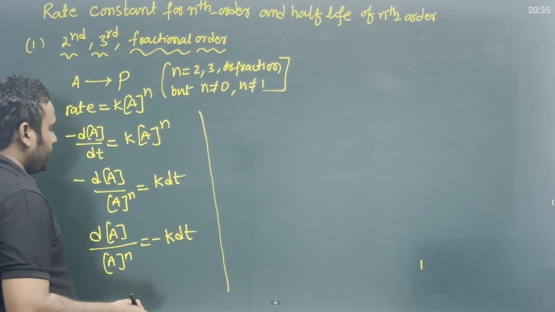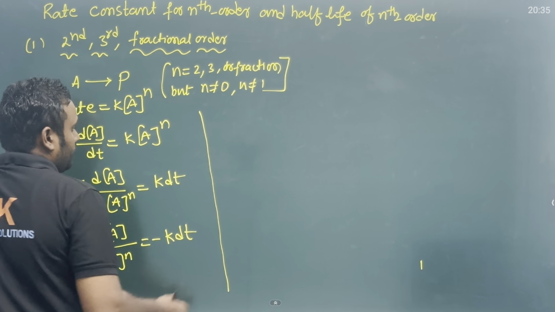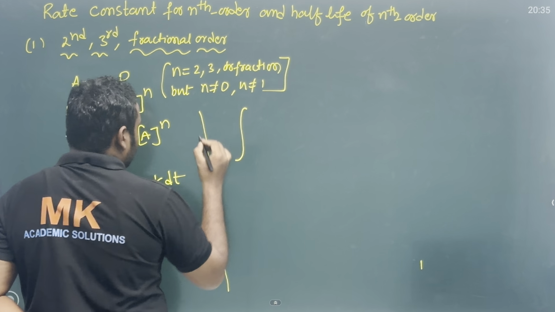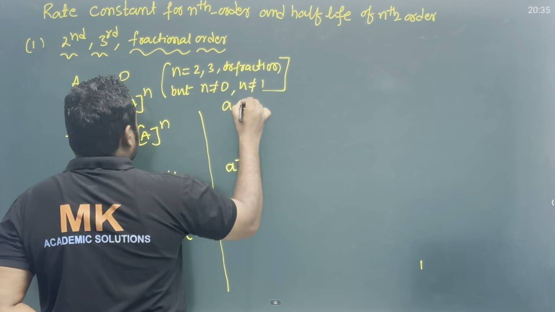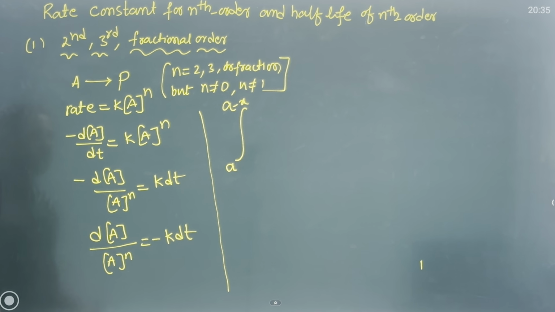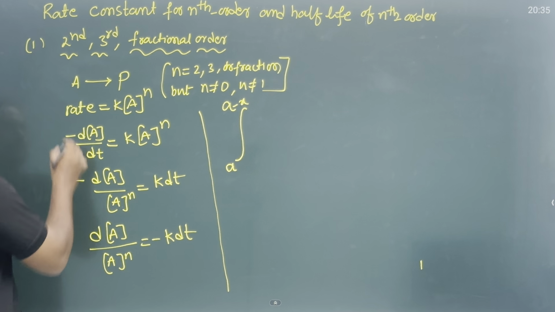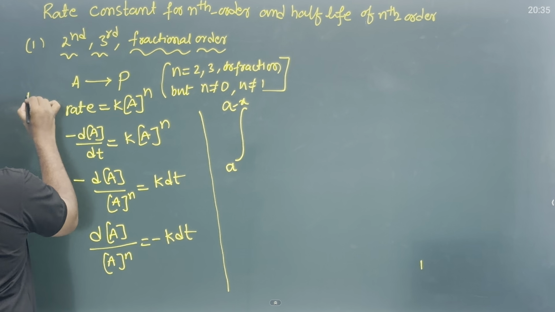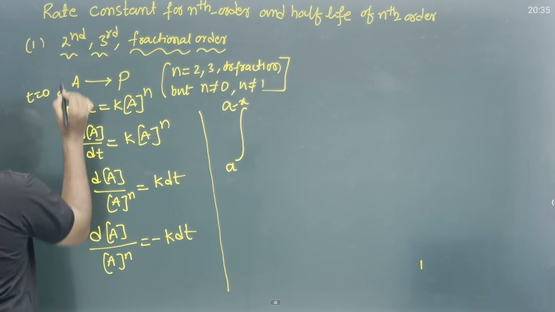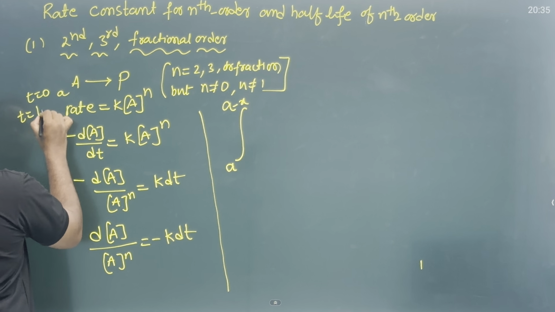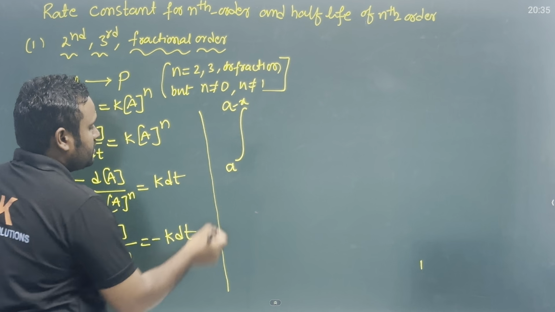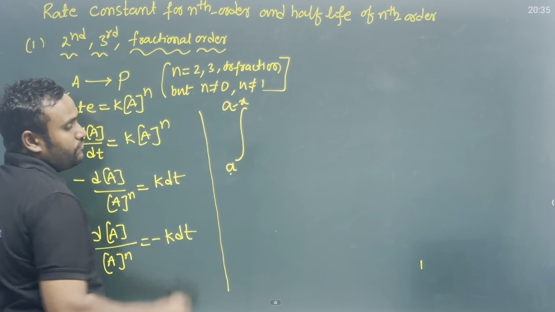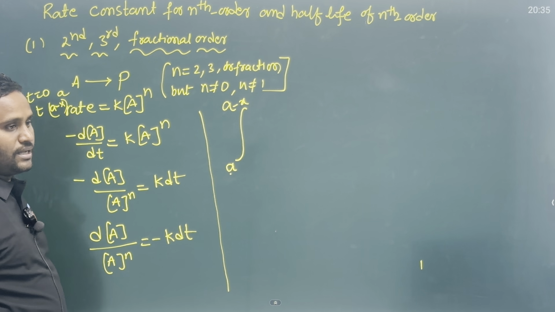How we will get the integration formula, by taking the limits: initial concentration a and final concentration a minus x. So at time t equal to 0 we consider a, and at time t equal to t, a minus x. We know this very well. These are the limits.